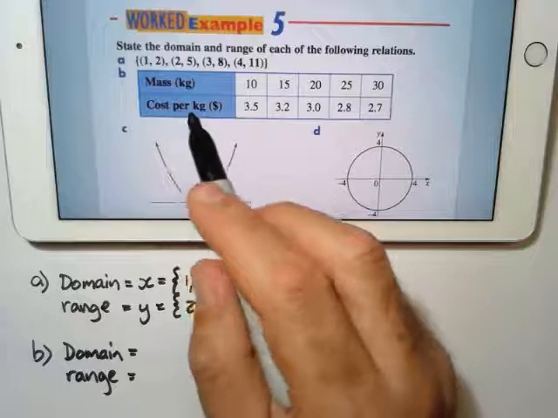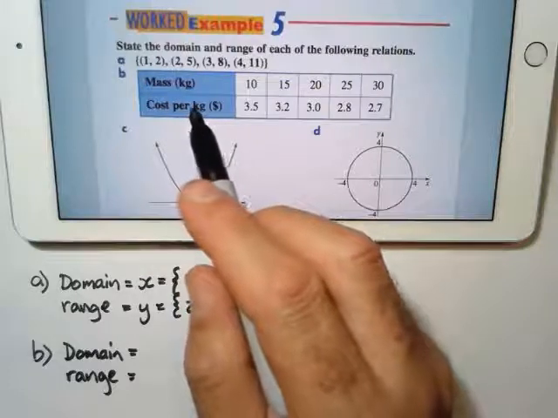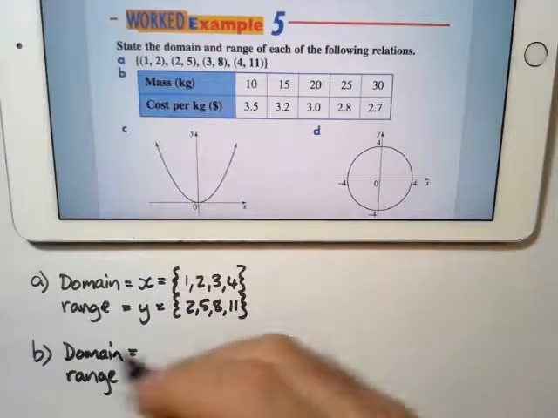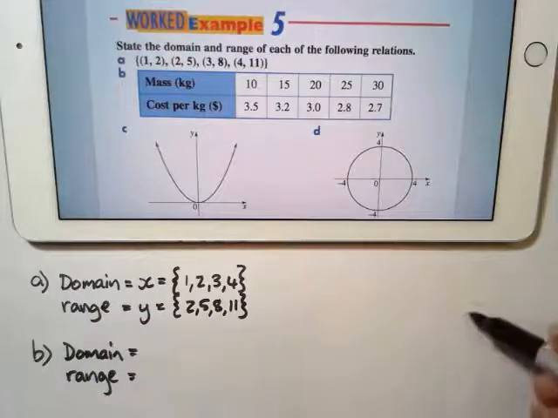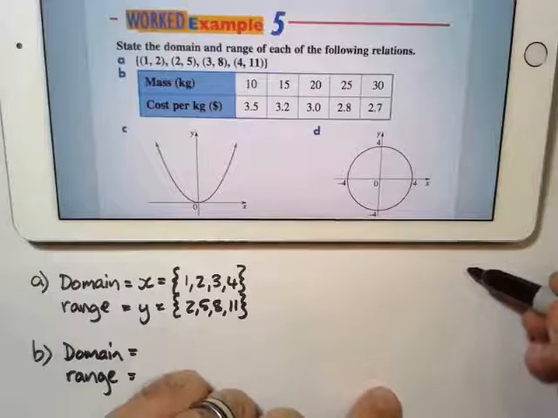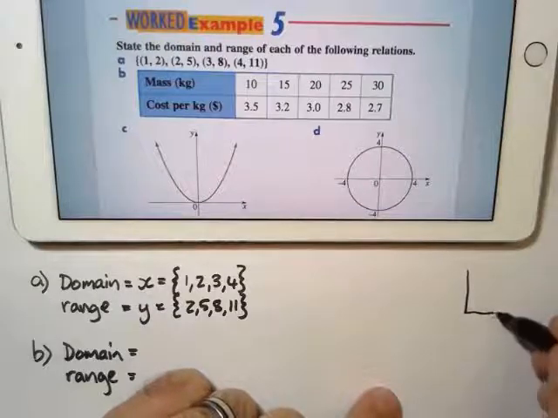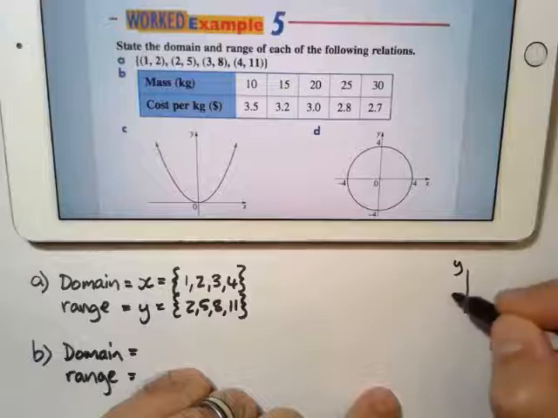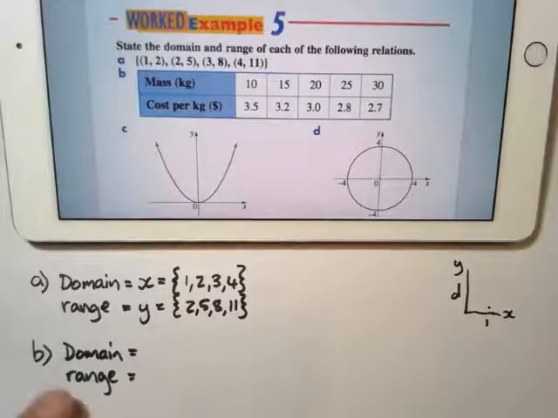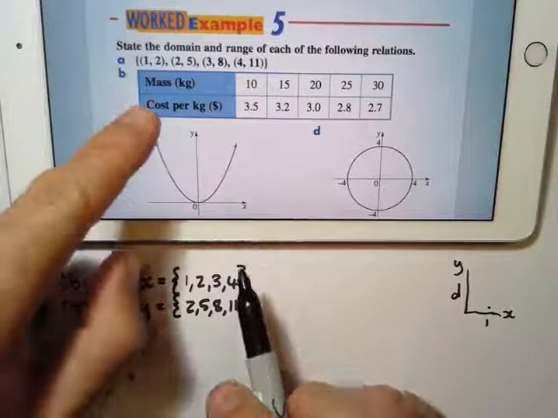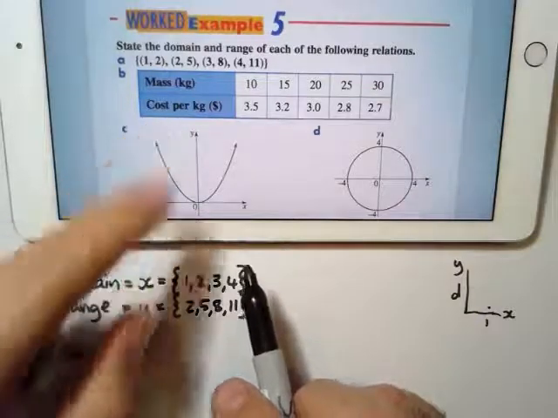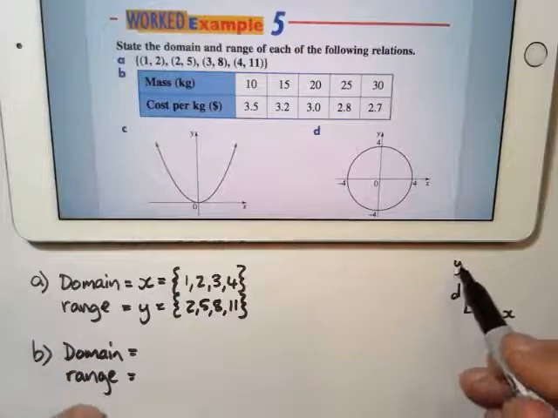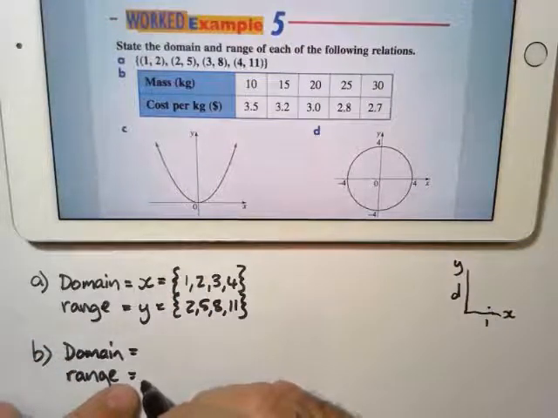So if I have my graph, that is x, that is y, this is the independent, this is the dependent. So when I say the cost per kilogram, that one depends on the mass, it means it's your y value, and the y value is the range.